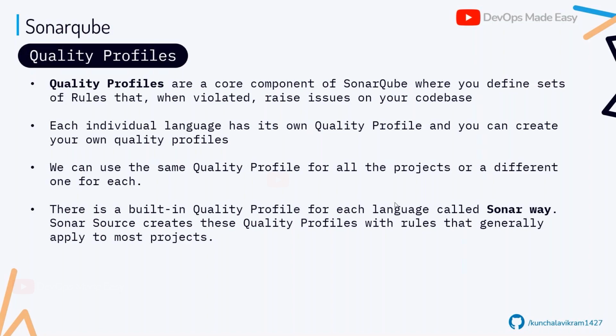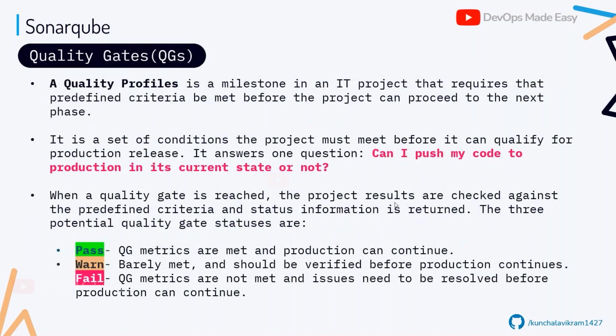Understood? Then what are quality gates? Let's say it is just like a gate. At one side you have your source code, at the other end you have the production environment.